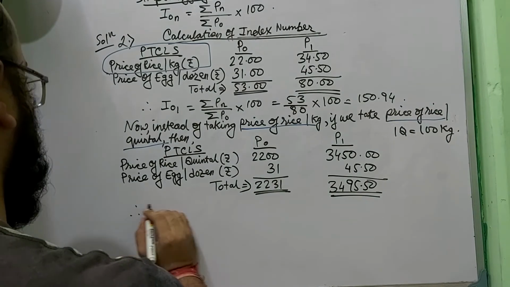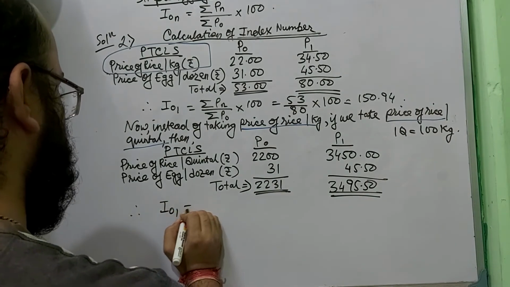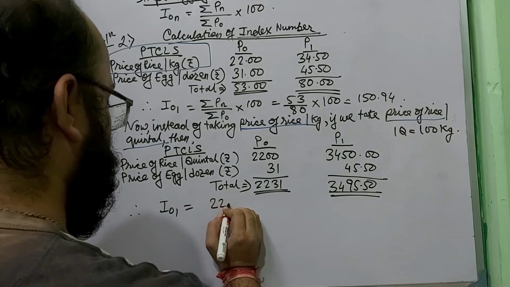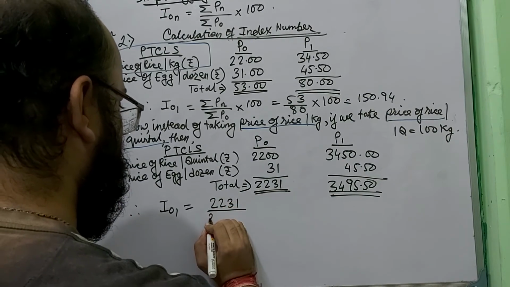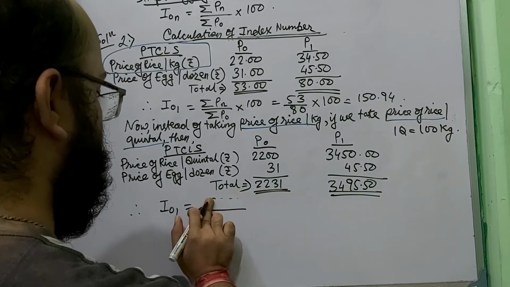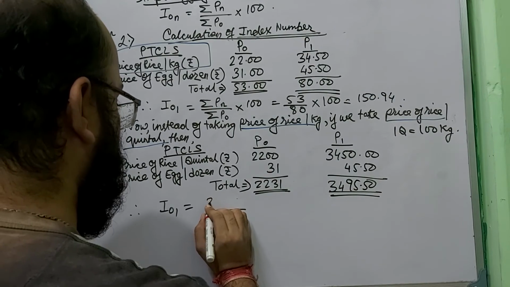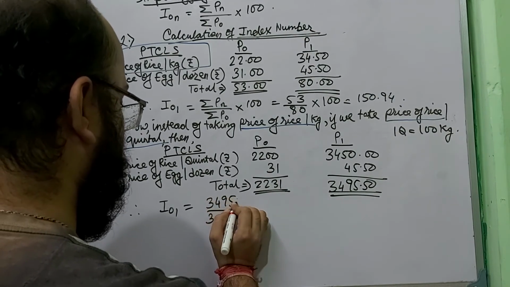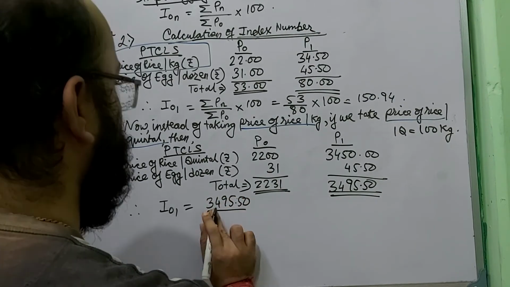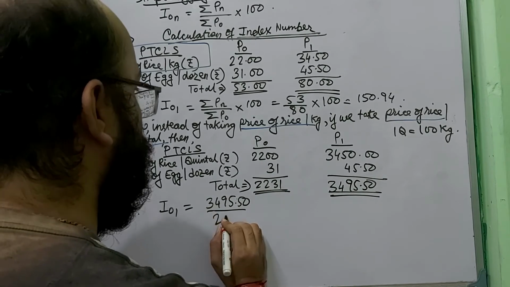Now therefore I01 is equal to 3495.50 by 2231 into 100.